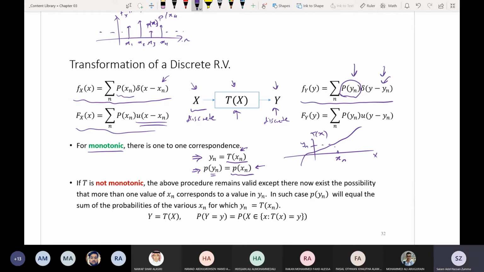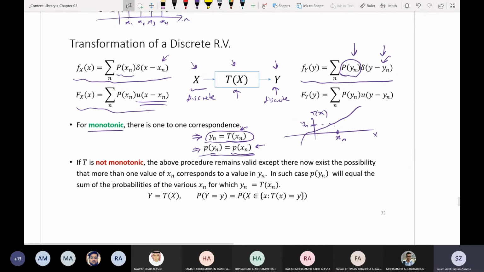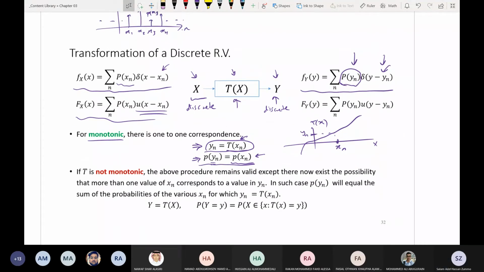Okay, for monotonic functions, for every value x, I have one value y, and this value y will be the function evaluated at this value x. And the probability of y_n equals the probability of this x_n.